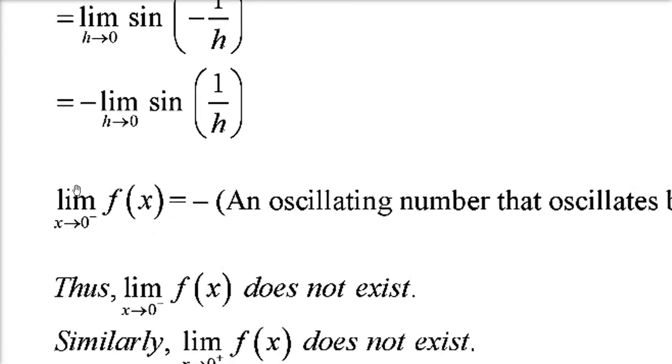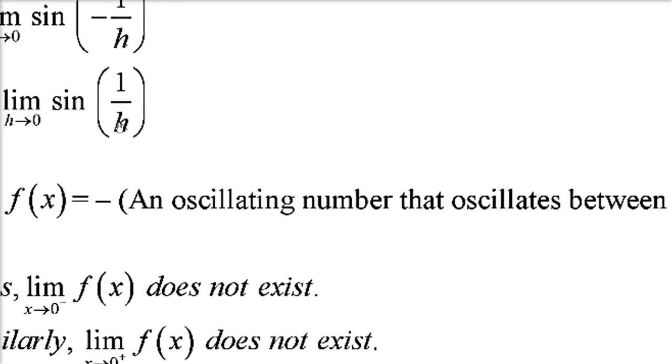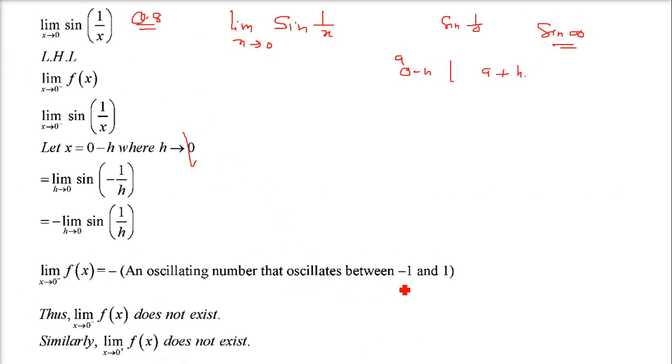That is, as x tends to 0 minus, f(x) is going to be the negative of values which are oscillating between minus 1 and 1. And when you try to find the right hand limit, it is going to be an oscillating number that oscillates between minus 1 and 1, positive. So the left hand limit will be negative and the right hand limit will be positive, so they are not equal.